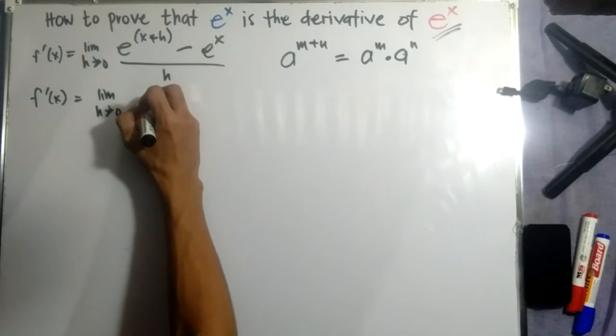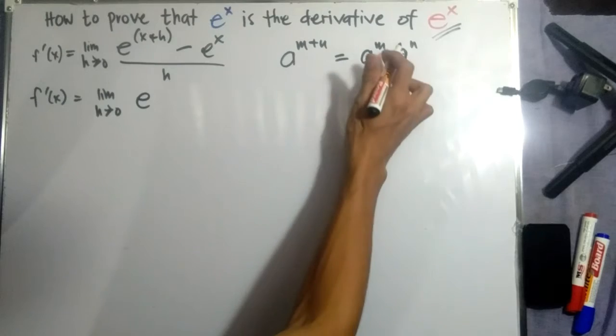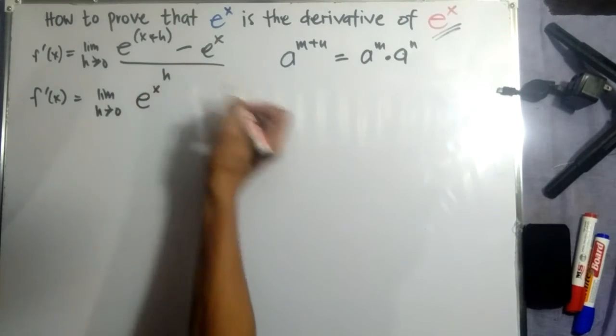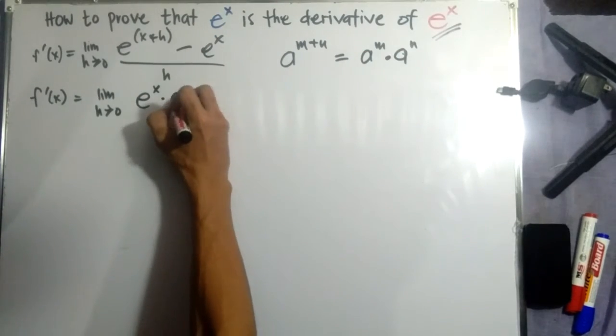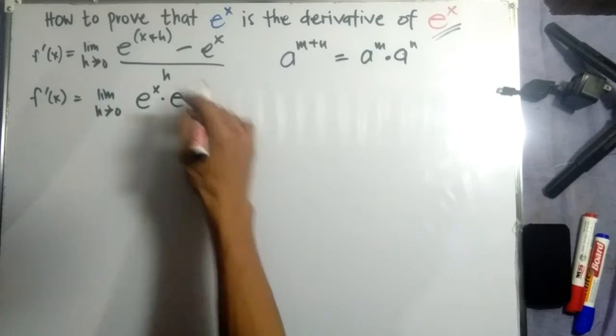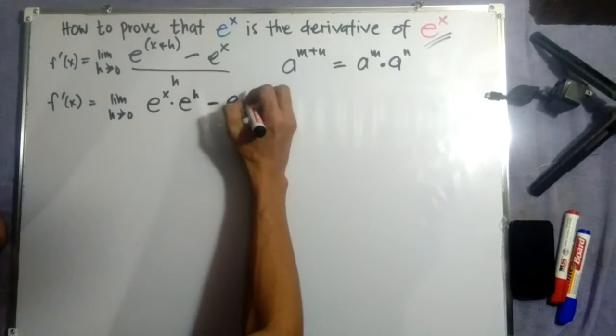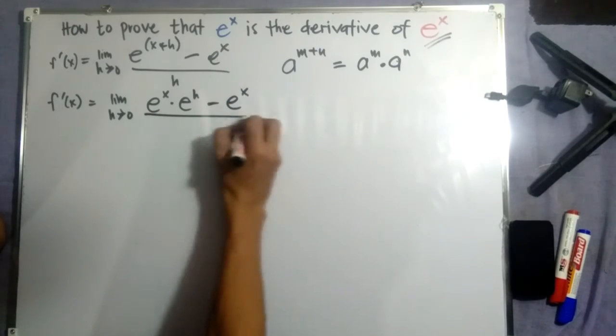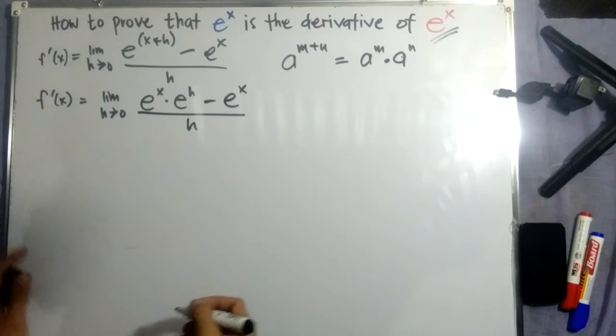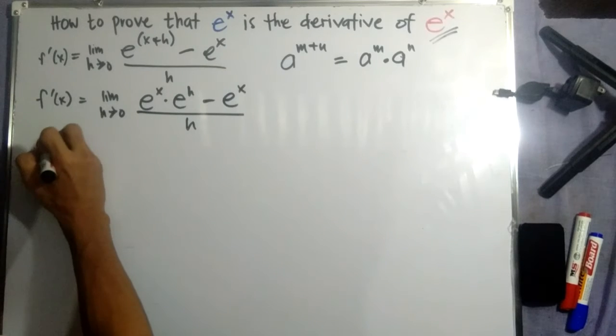Okay. So, i-break down natin e, which is x, times e ulit, raised to h naman. Subtracted to e to the x all over h. Yun. So, copy.